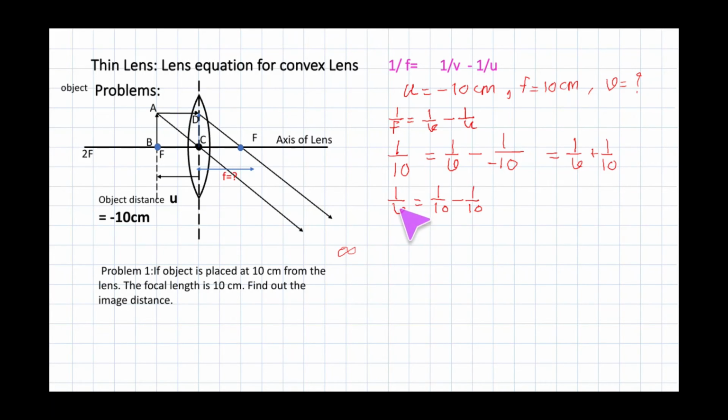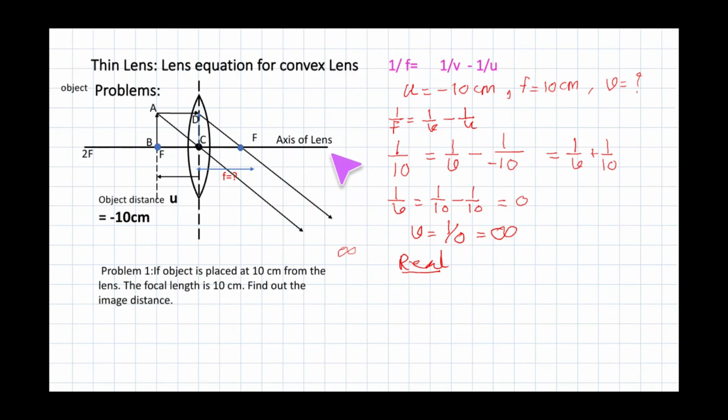And here we see that 1 upon v is equal to 1 upon 10 minus 1 upon 10, that is equal to 0, and therefore v is equal to 1 upon 0, that turns out to be infinity. The image formed is basically a real image because the image is formed on the right hand side.